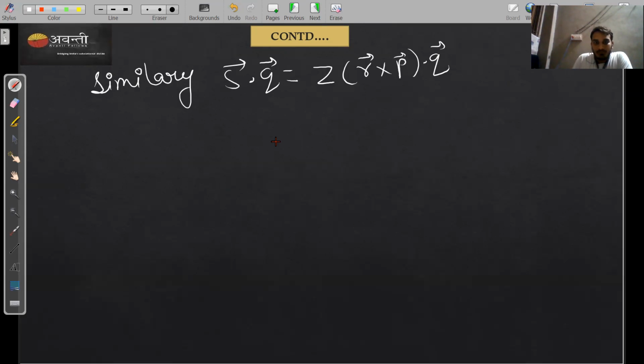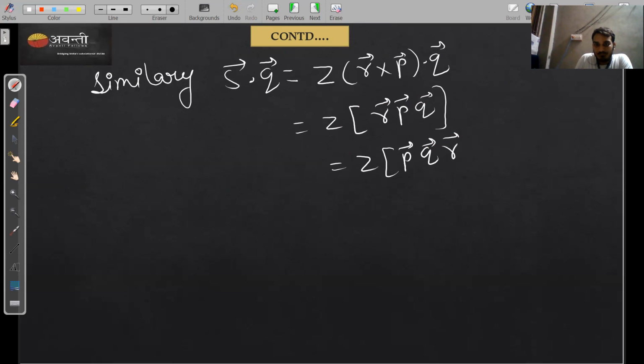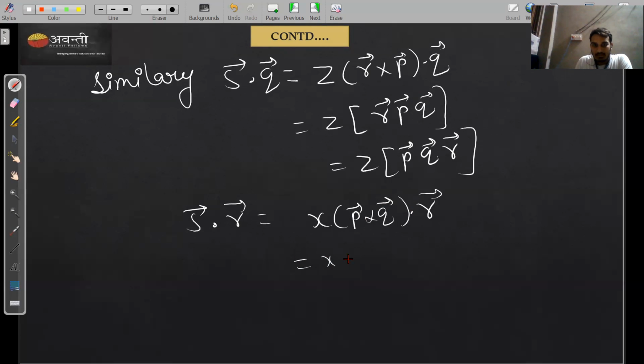So it is z times box of r p q, which can be written as box of pqr, by the cyclic property. And s dot r would be x times p cross q dot r, which is x times box of p, q, r. Let's say this is equation 2, this is equation 3.